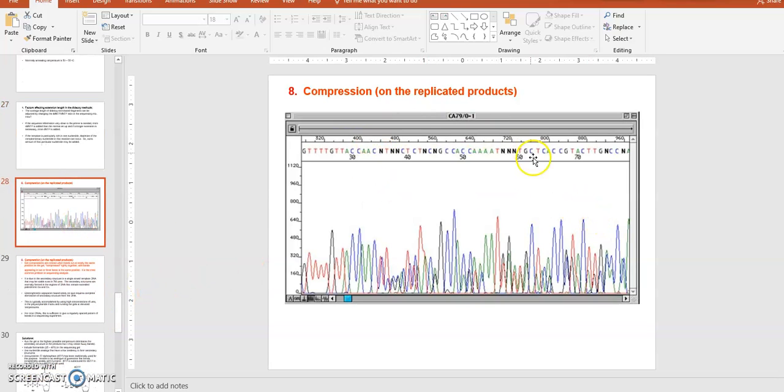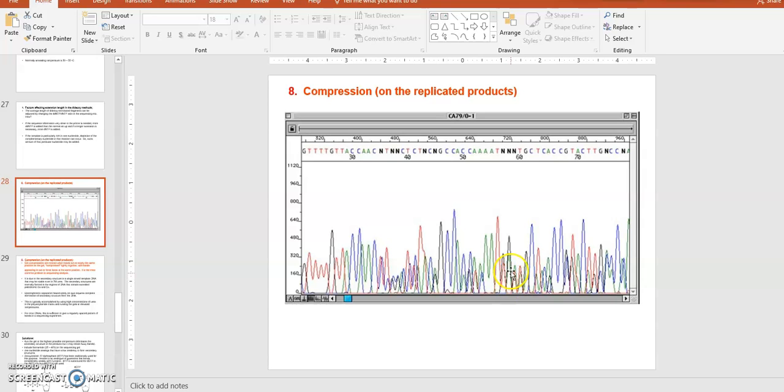And then I already talked about these issues. If you have a lot of secondary structures on your template DNA or maybe the replicated DNA, you will have these problems. For example, compression is due to the fact that your replicated product has secondary structure. So when they are separated on a gel by electrophoresis, you see the overlapping of the two dideoxynucleotides.